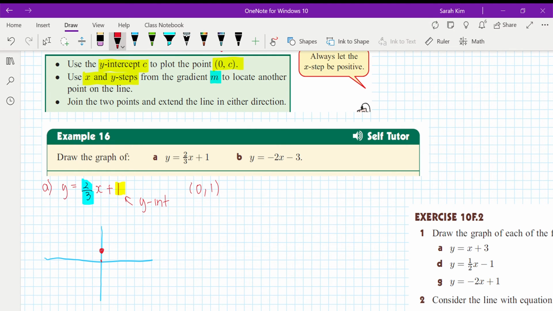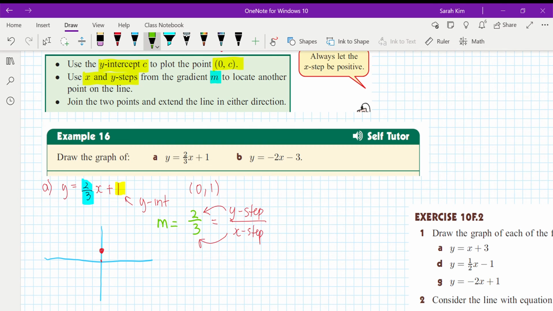If I write it on this side, 2 over 3 is my m value, the gradient value. Now you need to tell me what is the y step and what is the x step. Remember, that is the y step, that is the x step.